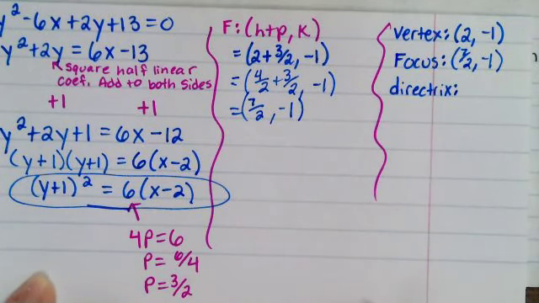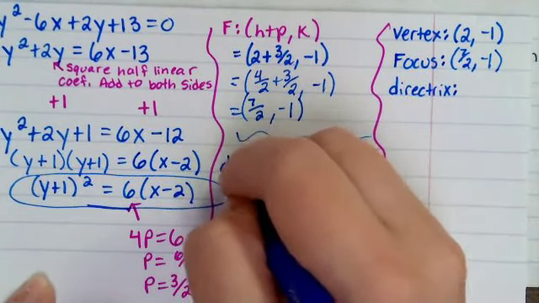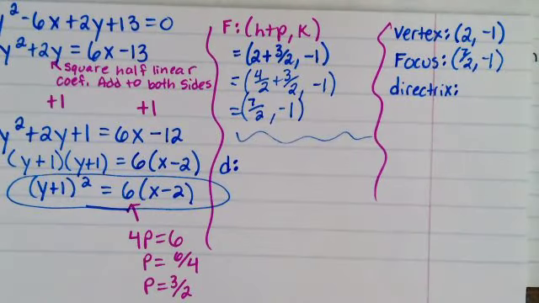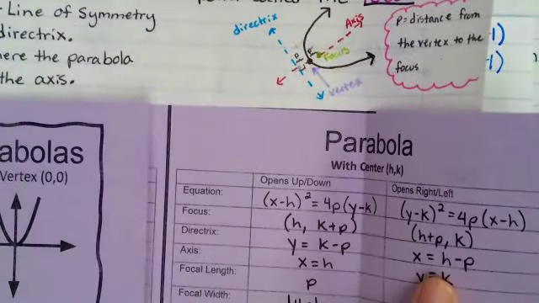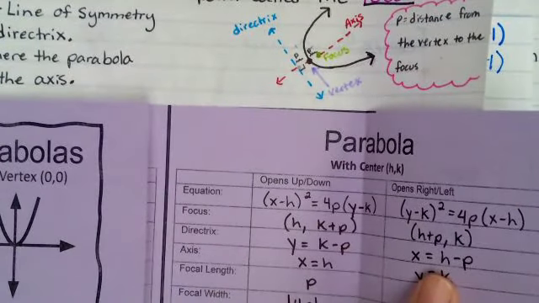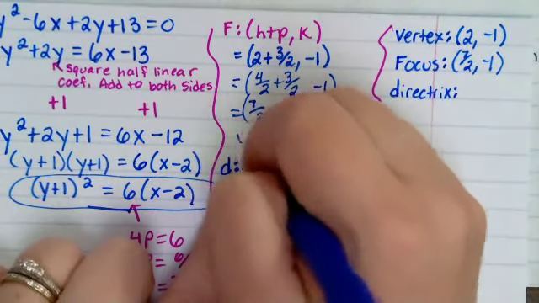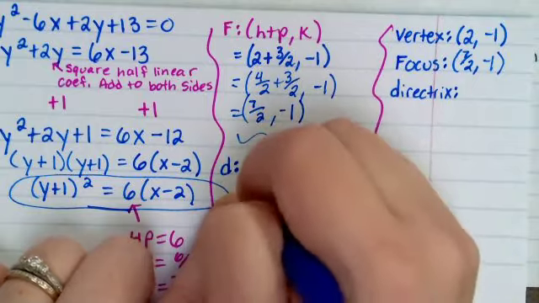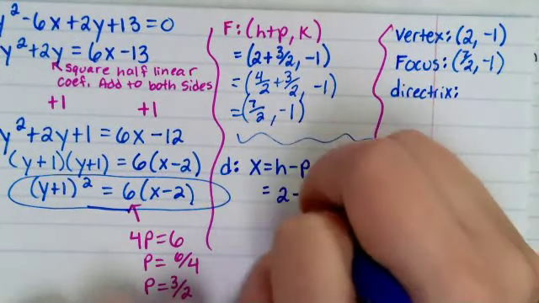And then we need to get our directrix. For our directrix, look again on that far right set of problems: the directrix is x equals h minus p. Well, we know h and we know p, so plug them in. 2 minus 3/2.